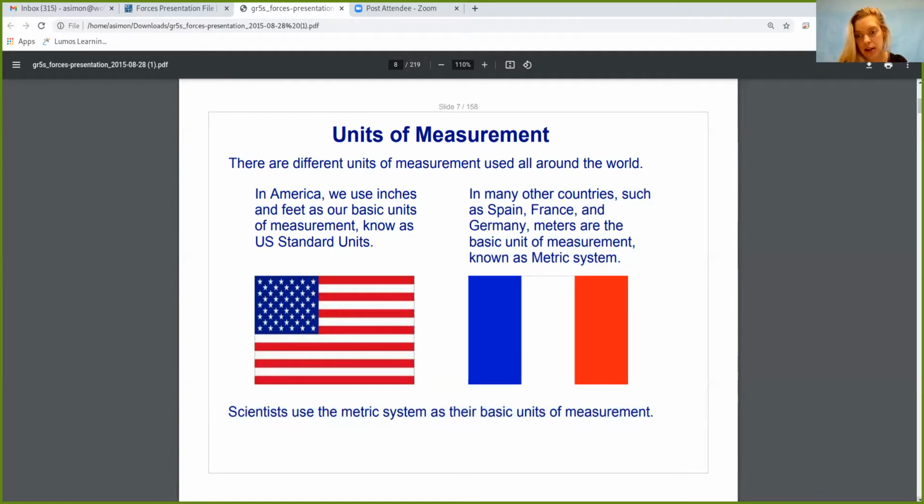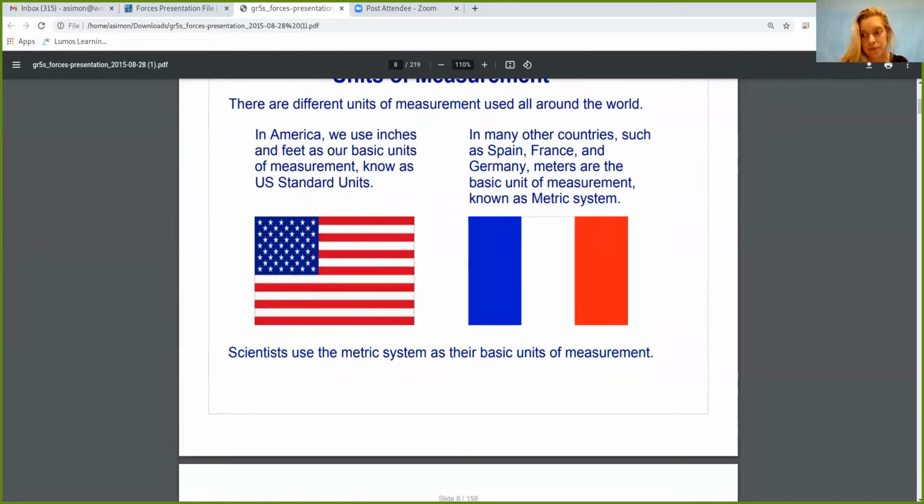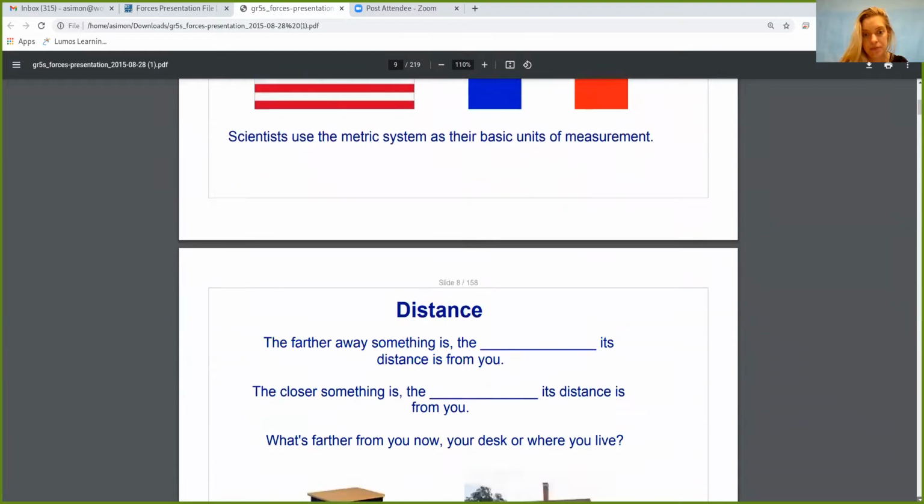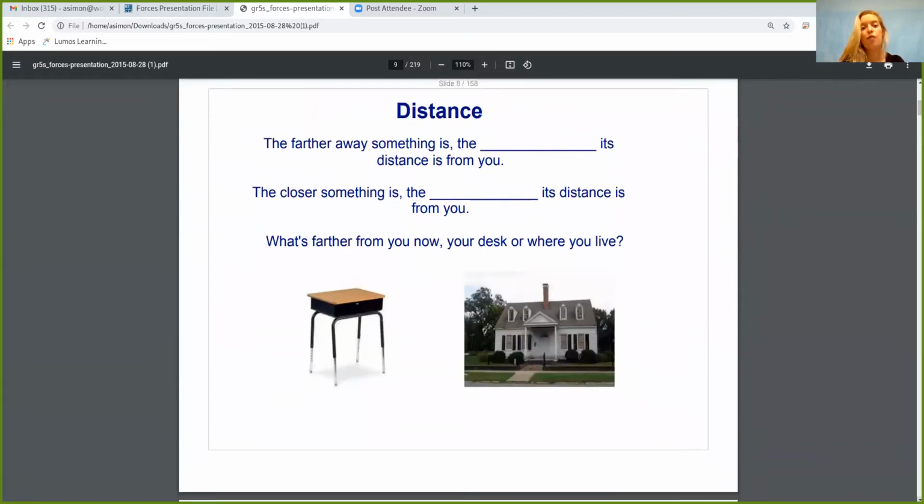All right, moving right along. So the farther away something is, the what its distance from you. So if it's the farther away, is our distance going to be less or greater? You said greater, you are correct. So the farther away something is, the greater its distance from you.